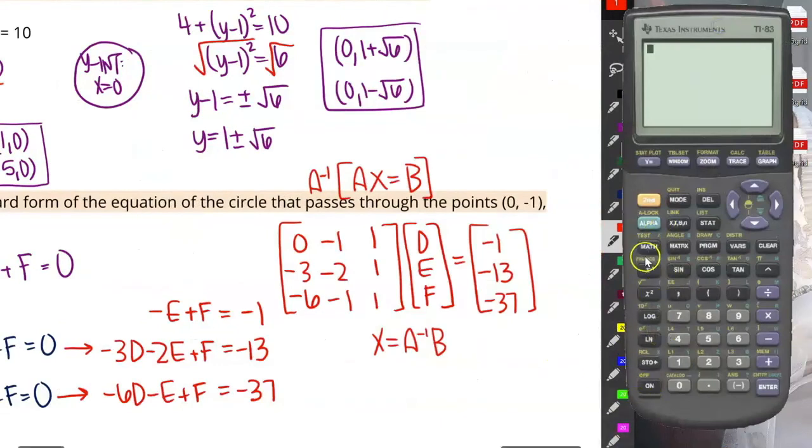Okay, so matrix. I'm going to go over to the right to edit matrix A. I'm going to make it a 3 by 3 and put this in. I just paused the video and put all of these entries in. Go ahead and do the same thing because I'm going to ask you for the answer in a minute. Okay, now I'm going to hit matrix again and I'm going to edit matrix B and I'm going to make it a 3 by 1 so that I can put my constants in.